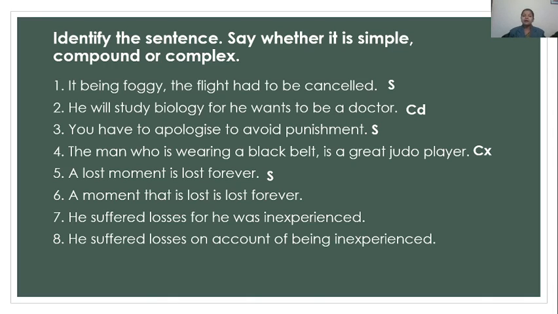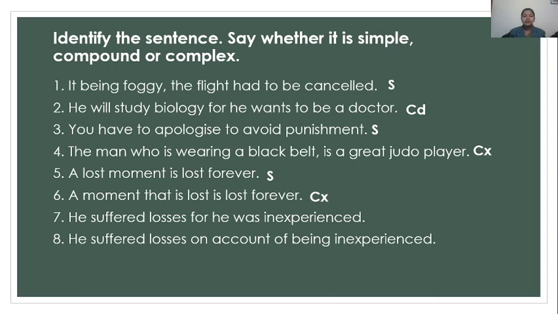A moment that is lost. The presence of that is telling that it is giving the reference of some other thing. Is lost forever is my independent clause, and a moment that is lost is the dependent clause. So it is a complex sentence.